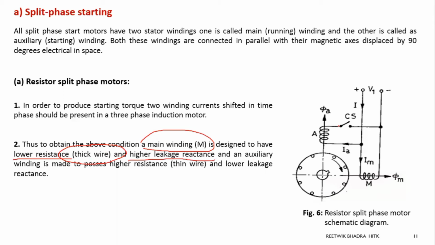And the auxiliary winding is made of a thin wire with a low leakage reactance. Can anybody tell me the reason? The reason is given on the next page.